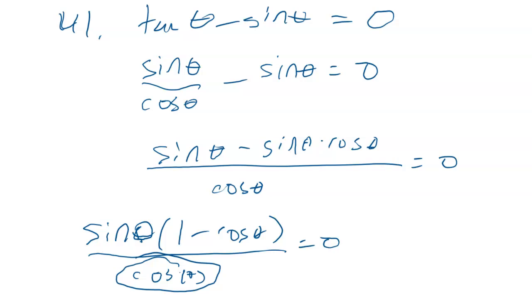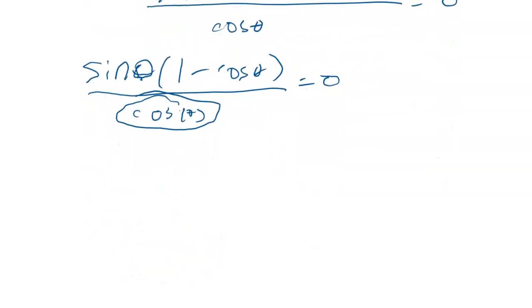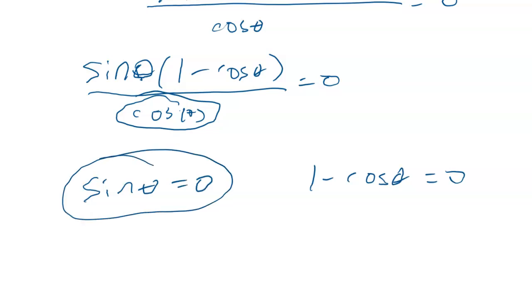All right, and then when I have a fraction is equal to 0 when the numerator is equal to 0. So I'm going to set the numerator equal to 0, and I'll set each factor in the numerator equal to 0. So I'll say sine theta is equal to 0, and 1 minus cosine theta is equal to 0. Sine of theta is equal to 0 at 0, pi, 2 pi, and so on.